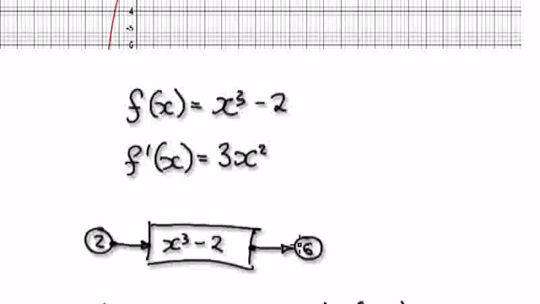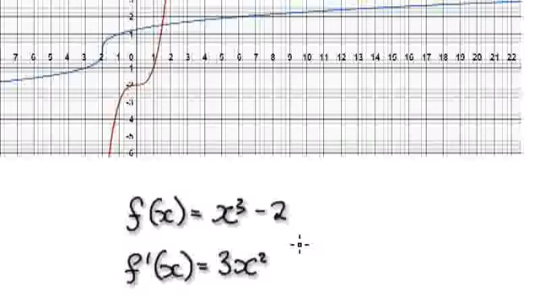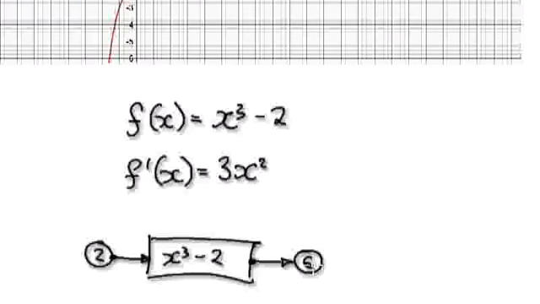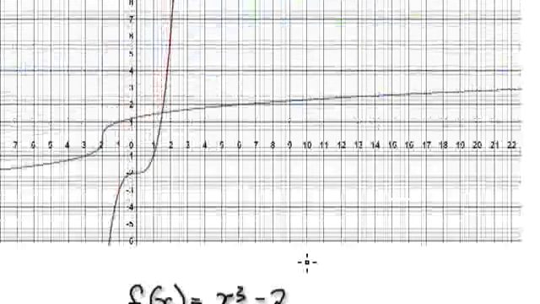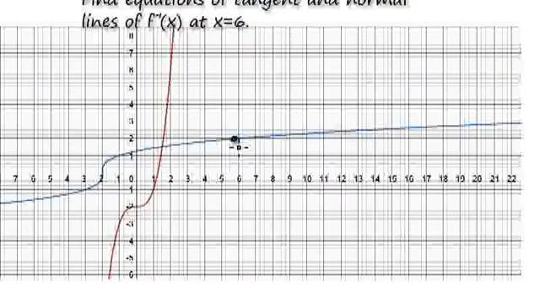You were asked to find the equation of the tangent line and the normal line at this point, which is 6, 2. But since putting 2 into the machine spits out 6, you need to find the gradient at this point, because this point represents that point.